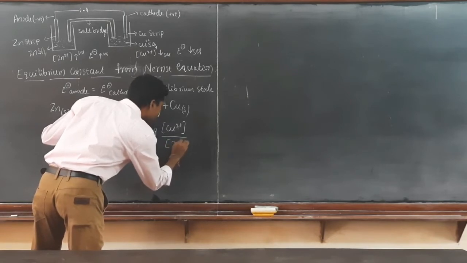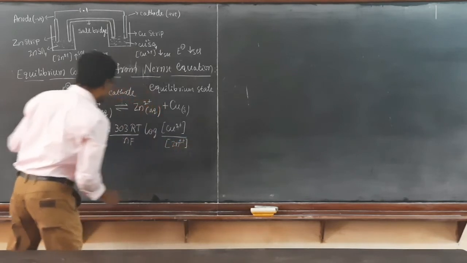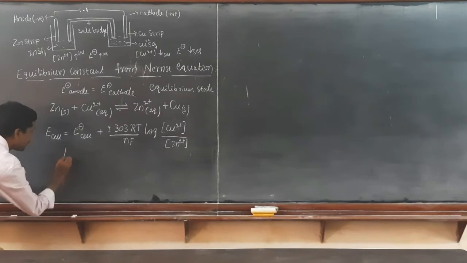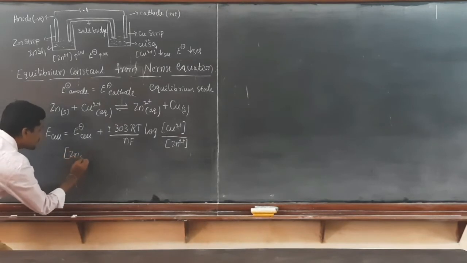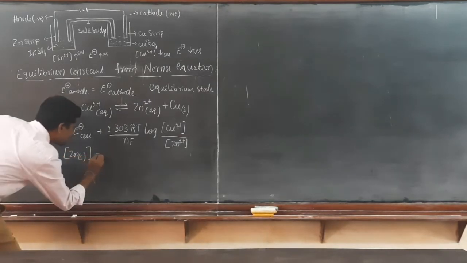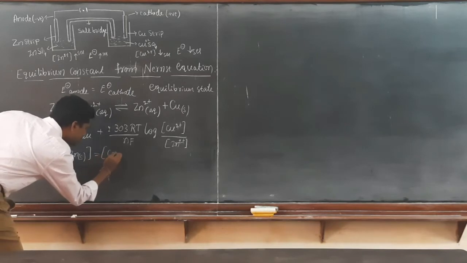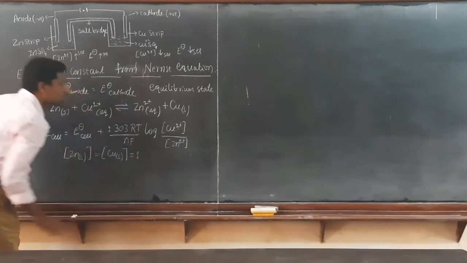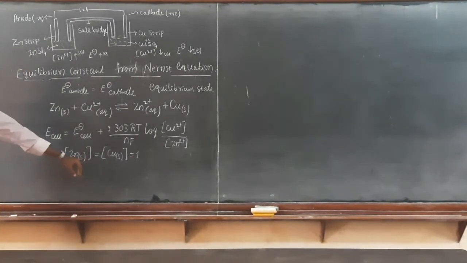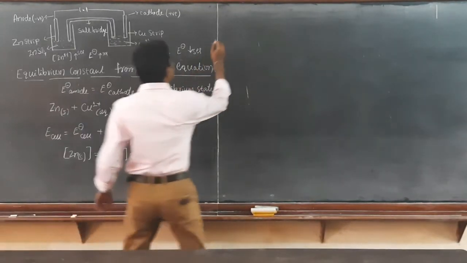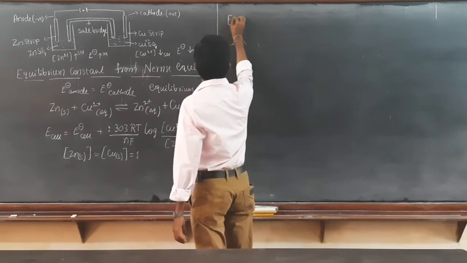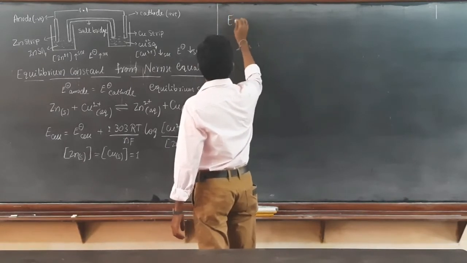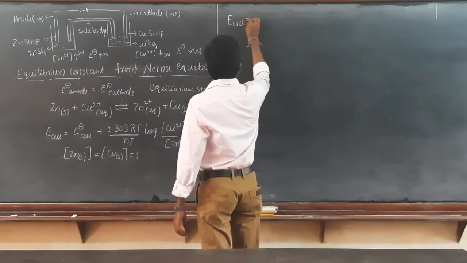The concentrations of solid zinc and solid copper should be considered as 1, because the concentration of the respective solid component is taken as unity.